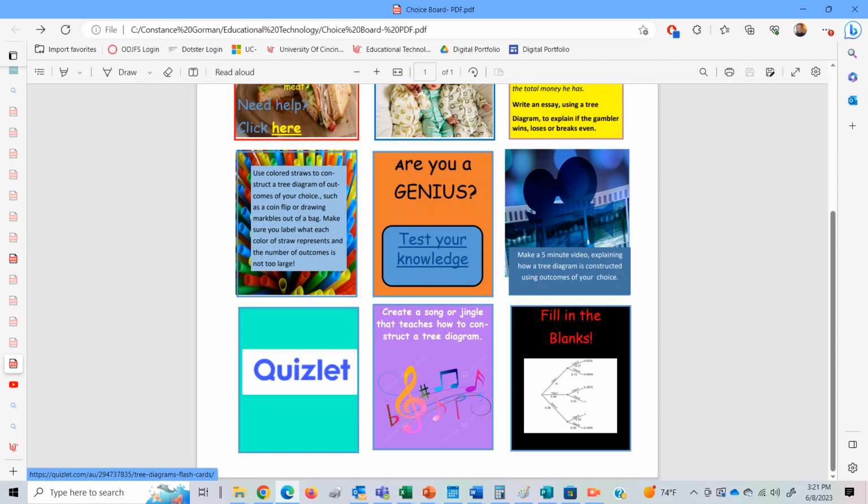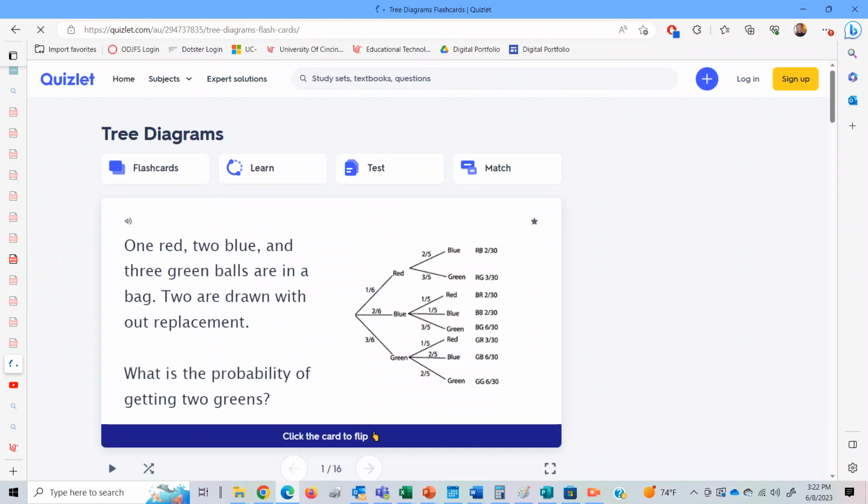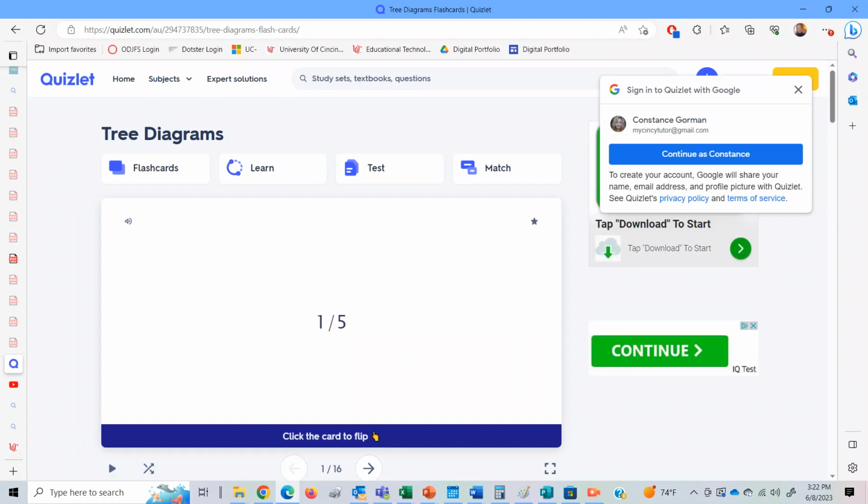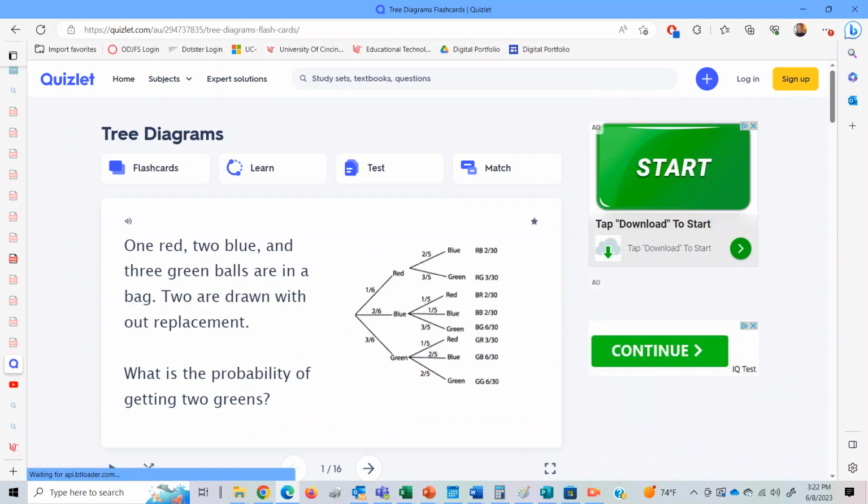The next one is Quizlet, and I know a lot of teachers use that, and students like it because, let me go to it here. They have cards that you can flip and get the answers. Most teachers are familiar with this.